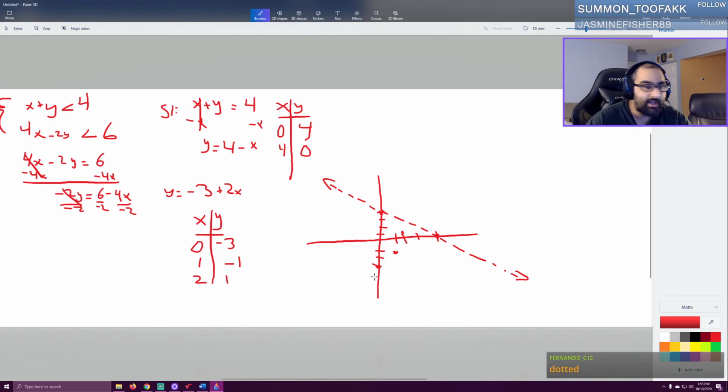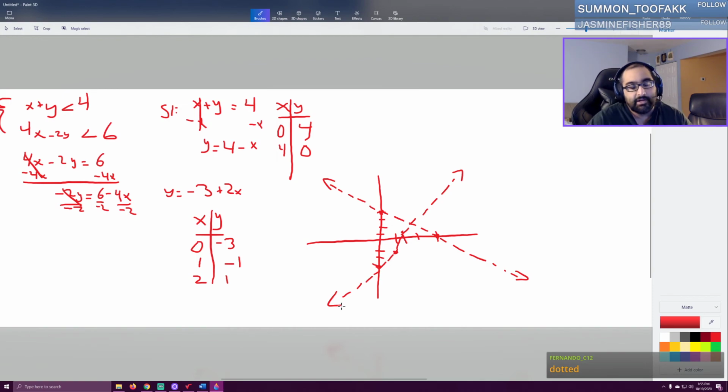Yeah, once again, a dotted line. That's correct. So here's our dotted line for that.